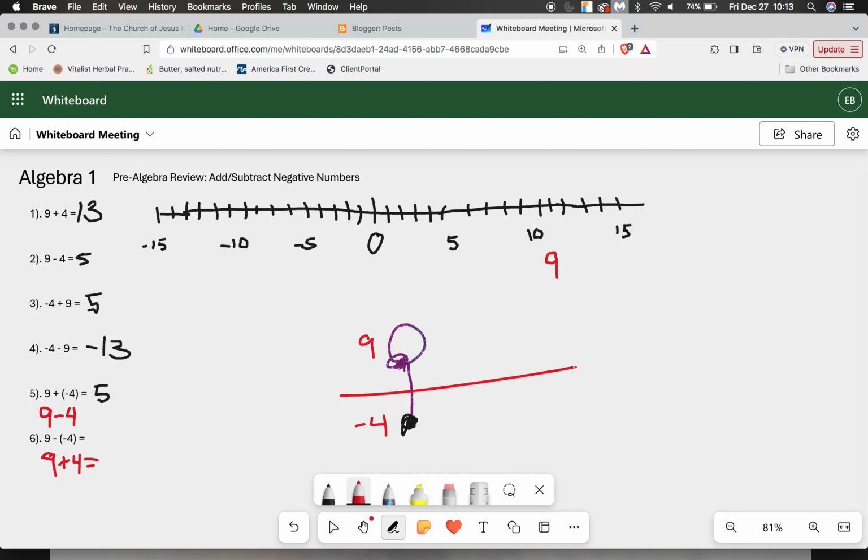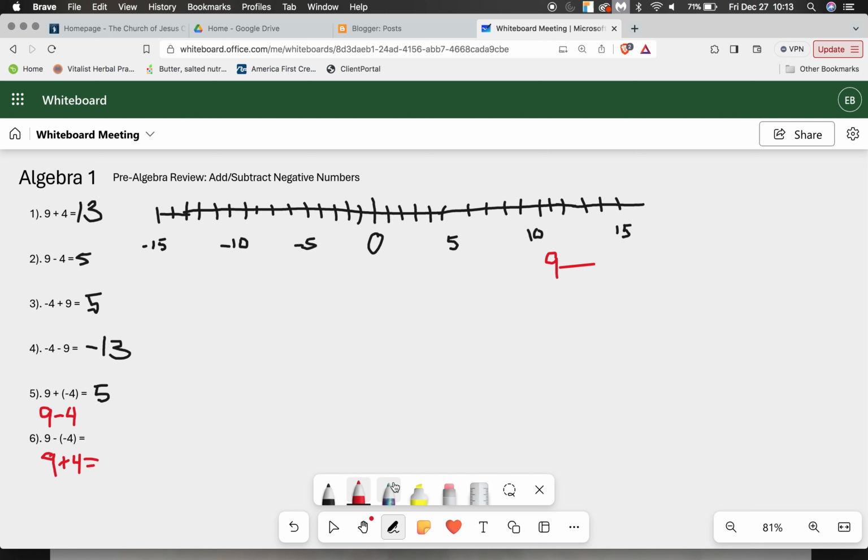Well, if we cut off that rock, we take off that negative 4, we take away the negative 4, well, where's that balloon going to be floating now? Well, it can raise up 4 more points because it doesn't have that heavy weight on it, and suddenly it'll be floating at 13 because we took away the negative. So when we look at this on a number line, if we take away the negative that's weighing us down, then we go 1, 2, 3, 4.